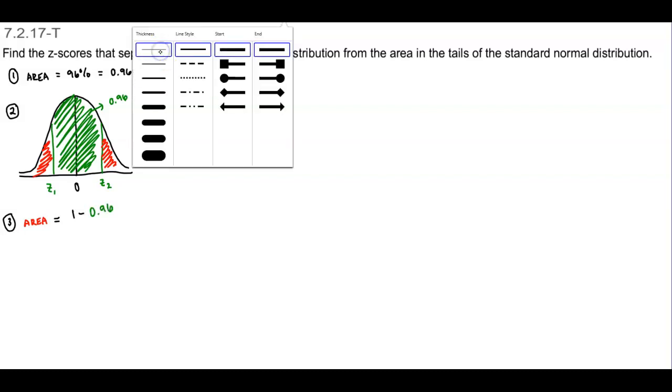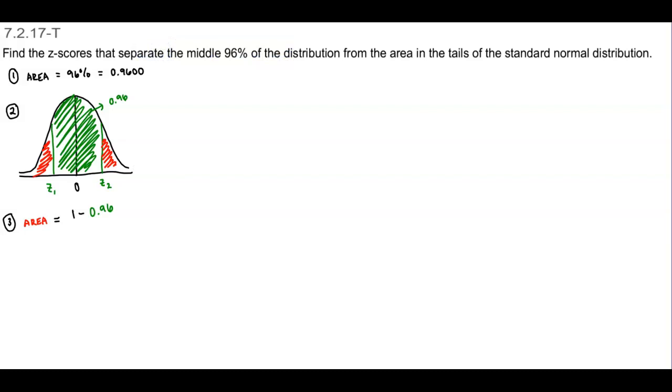And we know that there is an area in two places, so we have to divide that by 2. So 1 minus 0.96 divided by 2 gives us 0.02. That means this area here is 0.02 and this area here is 0.02.